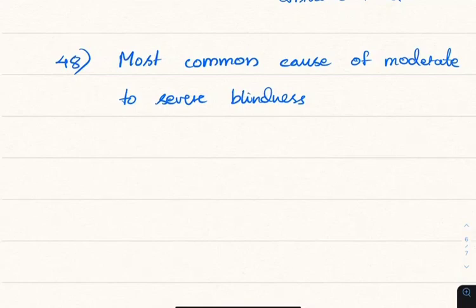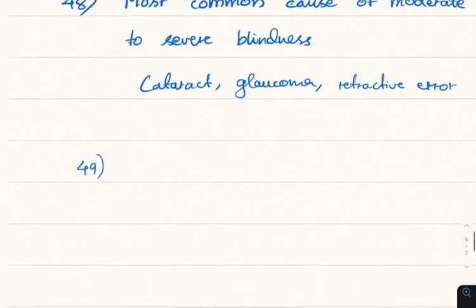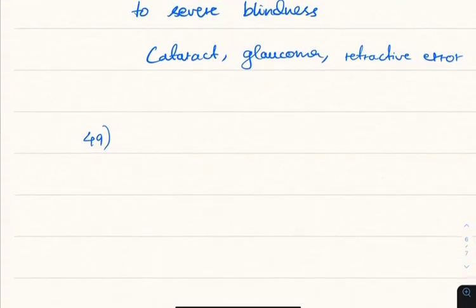The options there were cataract, glaucoma, refractive errors. I am not pretty much sure about it, so I'm not discussing. But I have attempted that question anyway. Moving on to the next one.